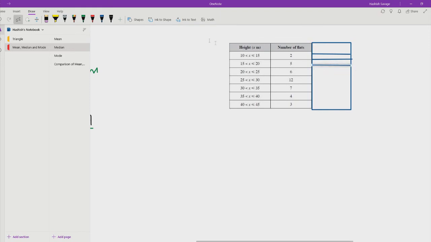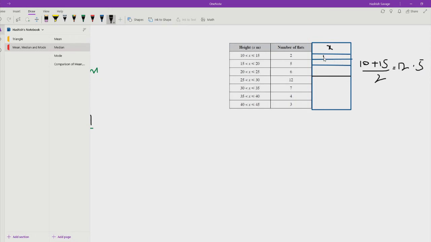Okay, let's just make it over here. Again, I'm doing it for 3 values. So that will be your x, and when I add these two and divide by 2, my answer is 12.5.